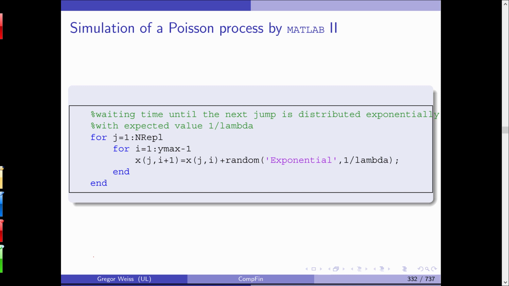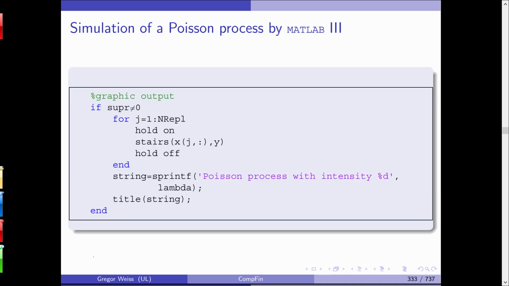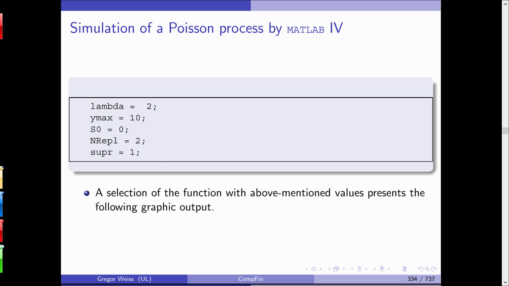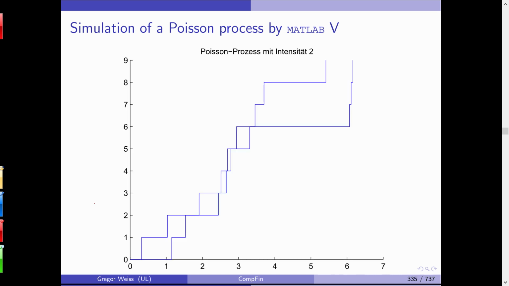So the waiting time until the next jump is distributed according to an exponential function, and you can see that here we are calculating the time, and then we have the graphic output. This is just for printing the paths on the screen, and we're using stairs. And we are using a number of certain parameters.